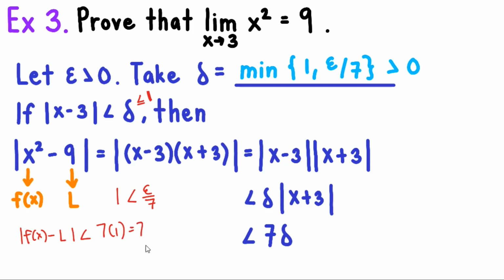But we know that 1 is less than epsilon over 7, so this will be less than 7 times epsilon over 7. Cancel this, and we'll have epsilon. So we'll still obtain what we want for this case. But take note here that we have 7 times delta less than epsilon.